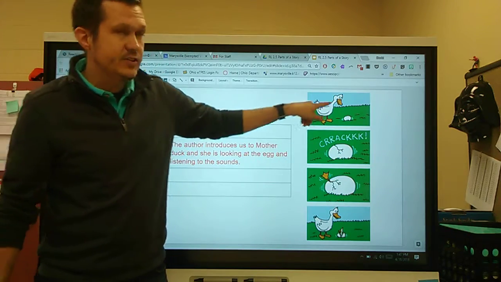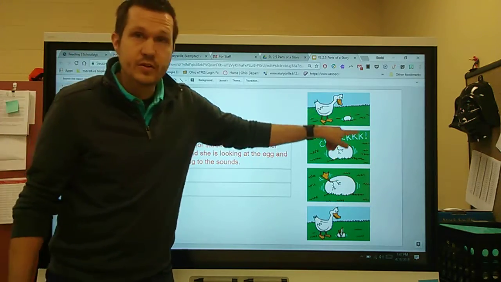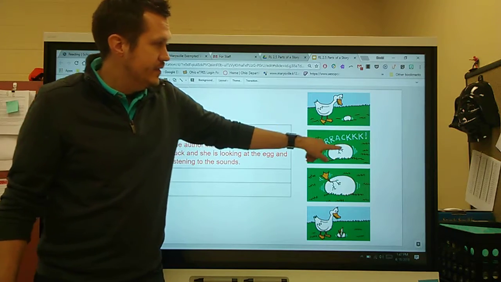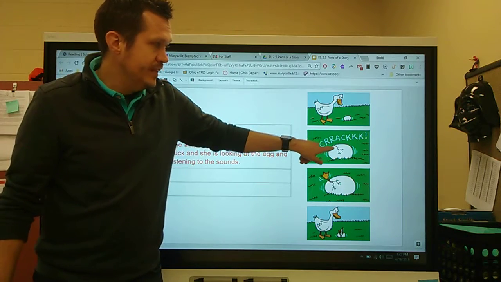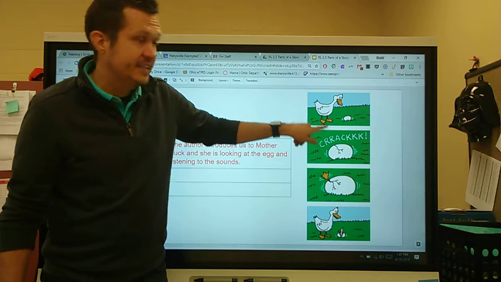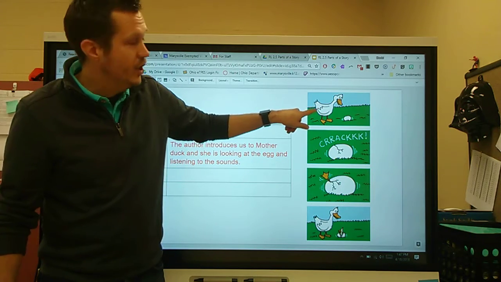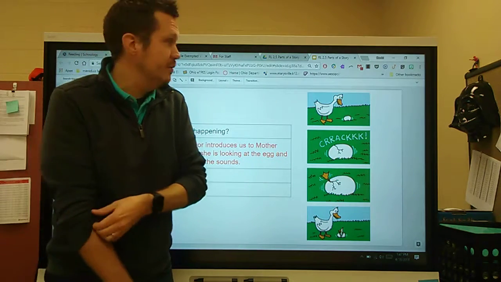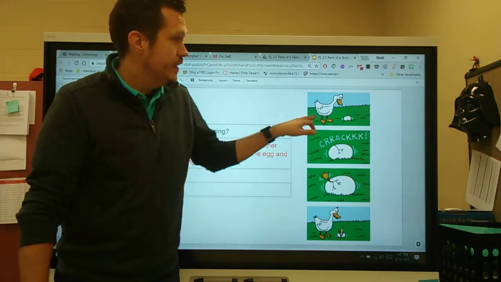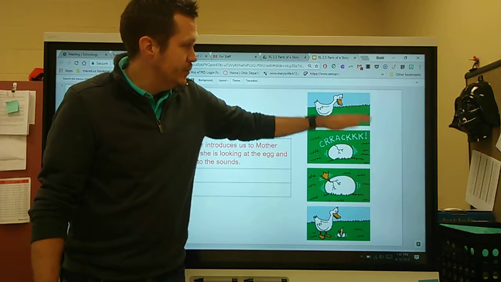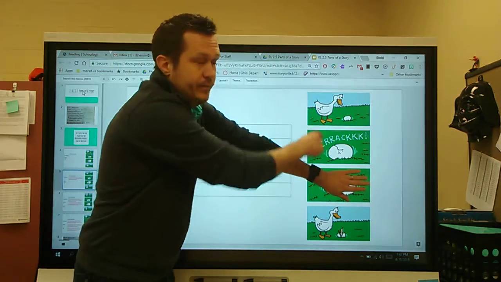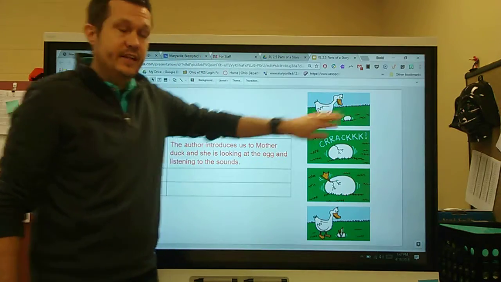Do you see the setting too? Where's it taking place? Oh, it's taking place probably by a pond or somewhere out in a field. So here's the beginning of the story right here. It introduces us to the characters and the setting.